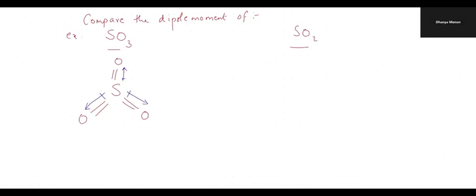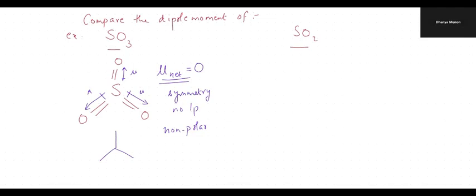The 3 dipole moments cancel each other, so the net dipole moment is 0. Symmetry is there, no lone pair, so it is non-polar. The 3 dipoles are in opposite directions and cancel each other.